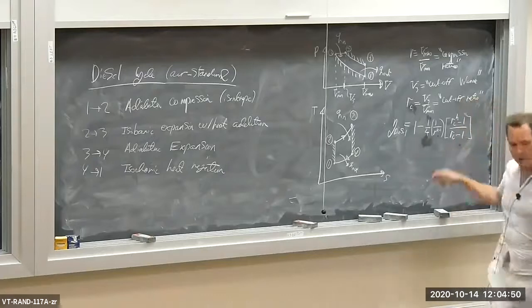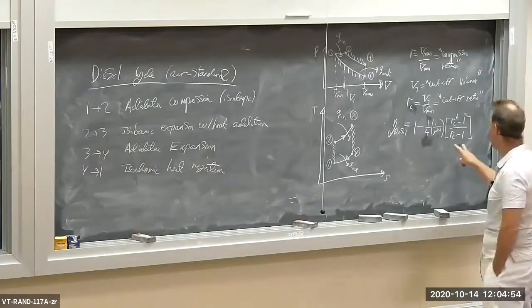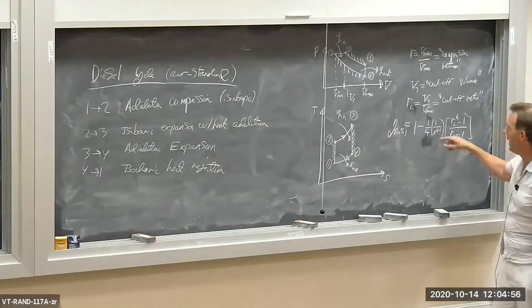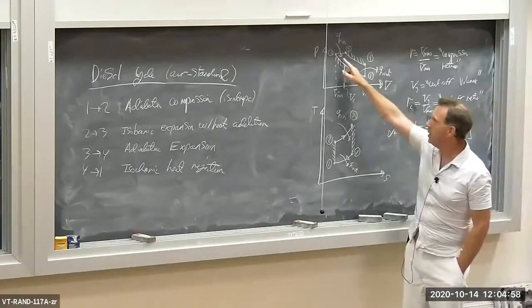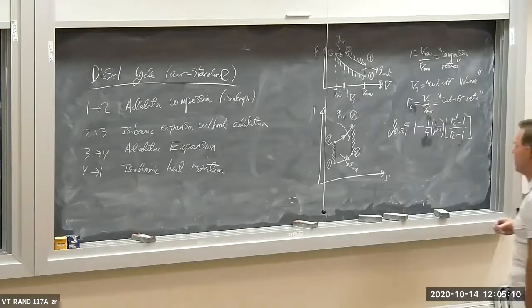So we have this additional term here that makes the expression for the diesel cycle efficiency a bit more complicated. And it's because you've got this additional parameter dictating what the heat addition is. And we see that the efficiency has to do with the amount of heat being added. Okay?